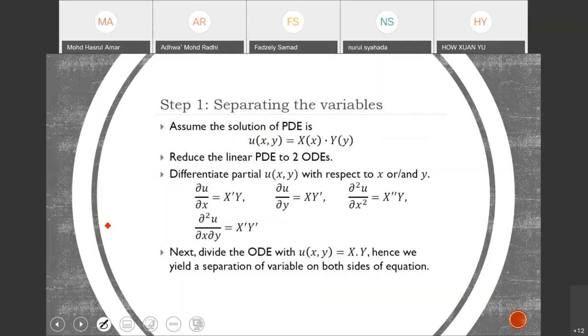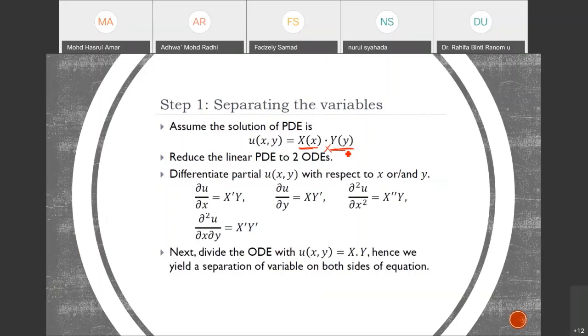We start with the assumption that the solution of u(x,y), the PDE that we are going to solve, equals X, the solution of x, times Y, the solution of y.